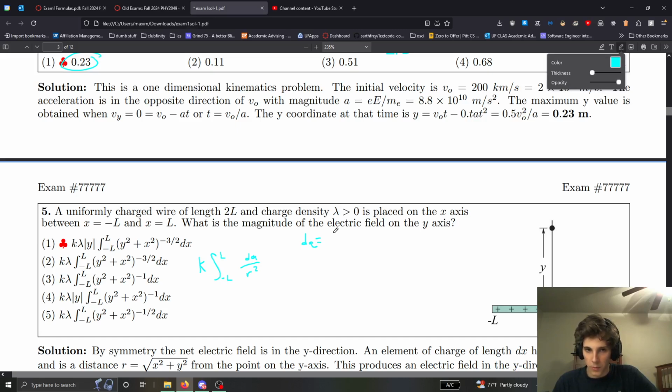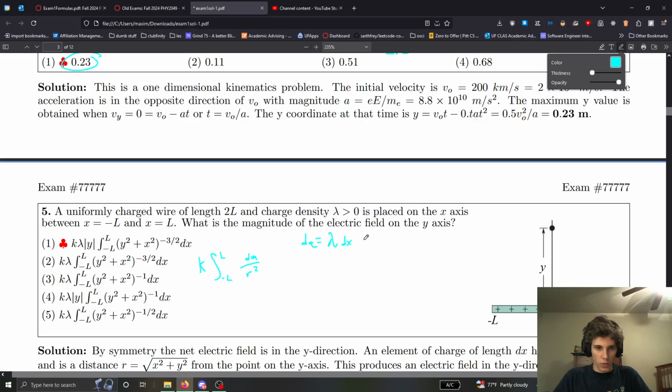So if we just multiply a small strip, say we'll call it dx, by this charge density, charge per unit, we get the charge of that small strip. So that's how we can just convert to dx.